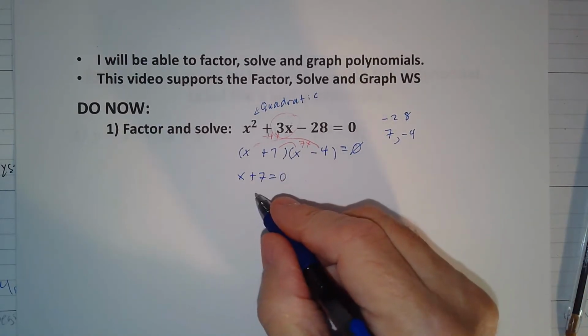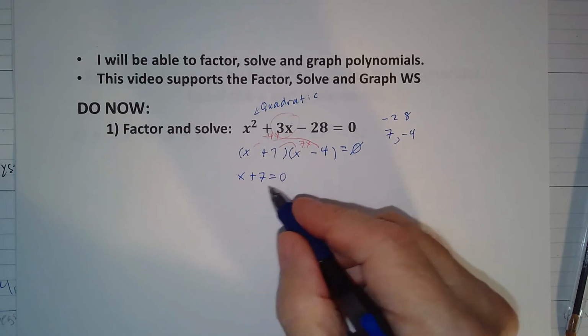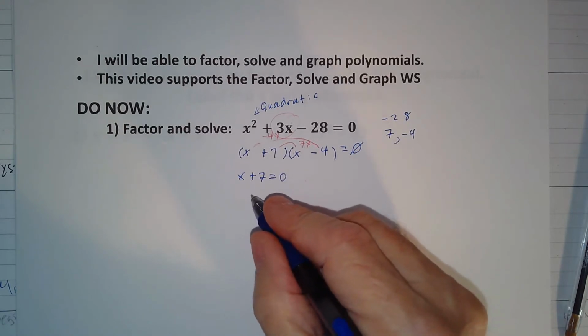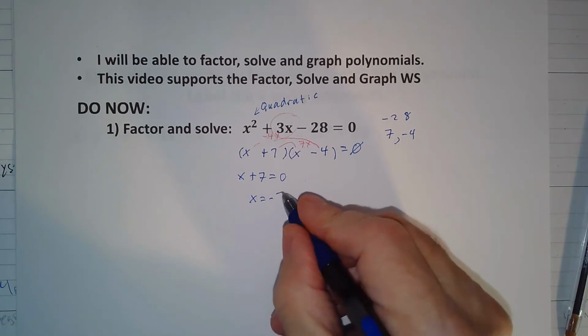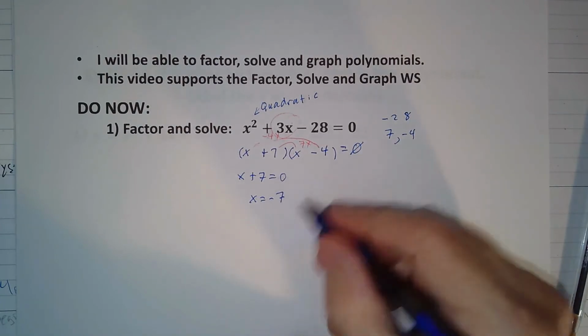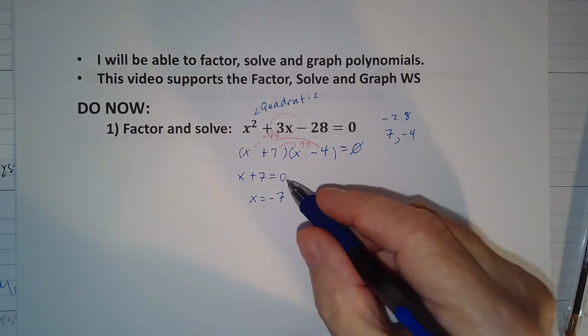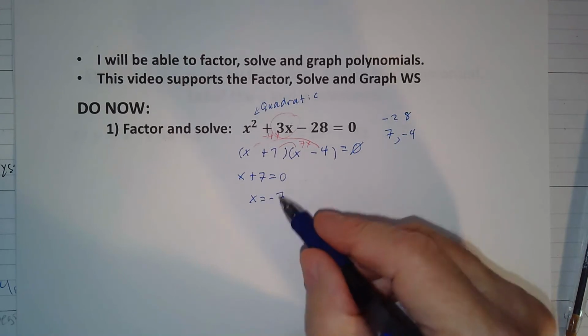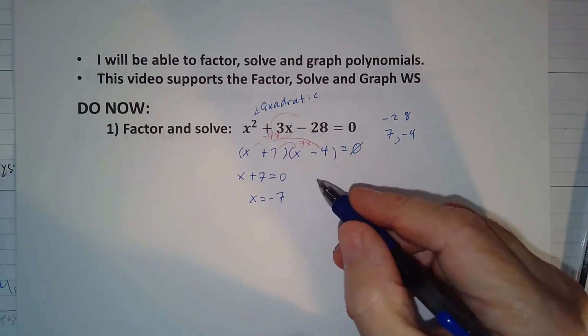And if you look at this, you realize that you're going to subtract 7 from both sides, so you get x equals negative 7. That's really easy to see, so we don't really have to do all the work behind it. You just subtract 7 from both sides, you get x is negative 7.